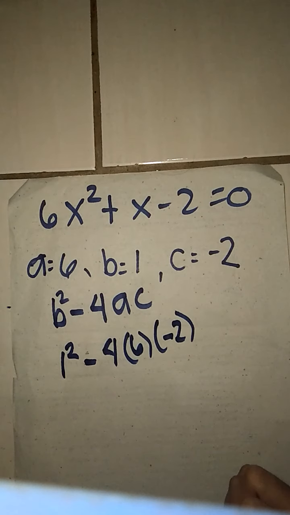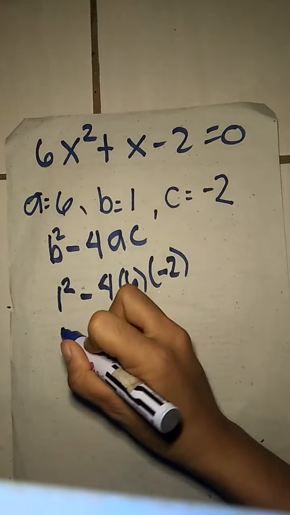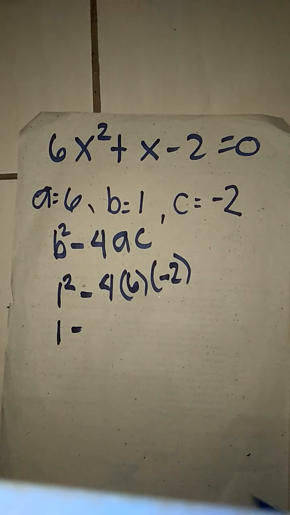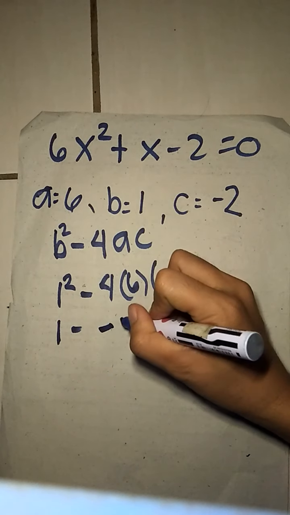So, 1 squared, what is 1 squared, or 1 times 1? That is 1 minus, what is 4 times 6? 4 times 6 is 24. Then, what is 24 times negative 2? That is negative 48. Okay, that's negative 48.